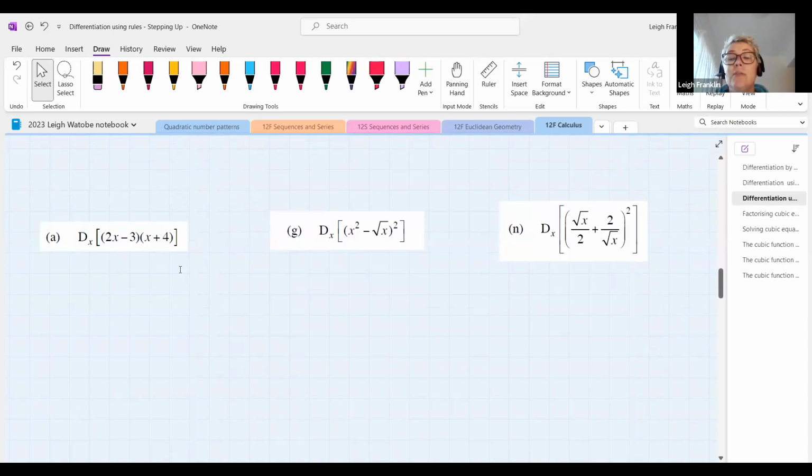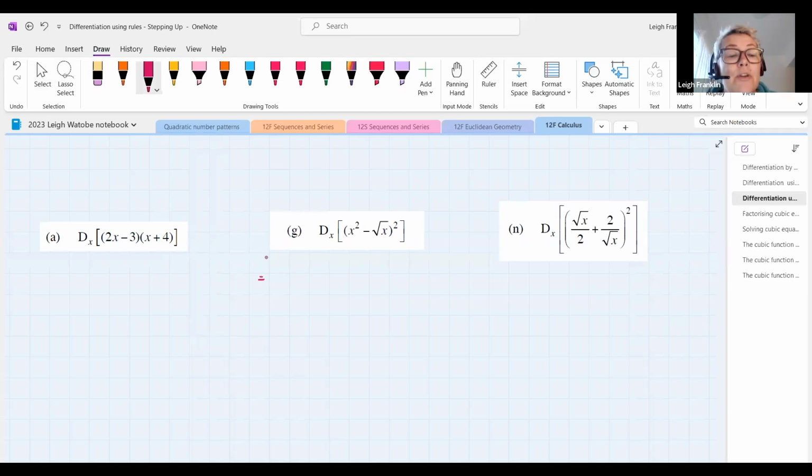Question G is a little bit more difficult because it involves a root as well as removing brackets. So I'm going to do G as an example, and then you are going to try either question A if you're not feeling very confident, or question N if you are feeling confident.